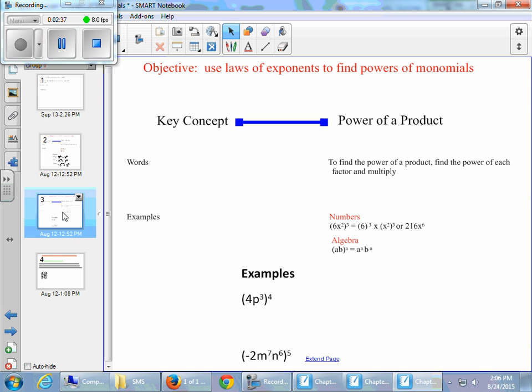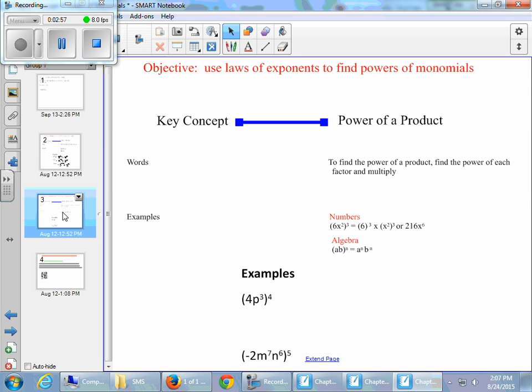Power of a product. Words: to find the power of a product, find the power of each factor and multiply. So here we have our example, 6x squared, all to the third. We're taking that 3 and applying it to each thing in there.